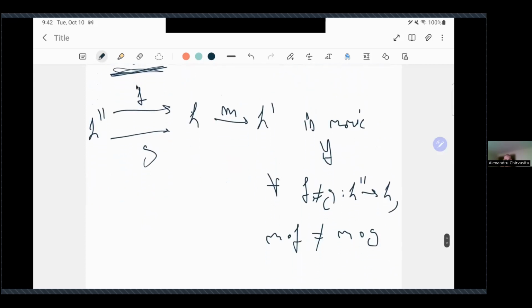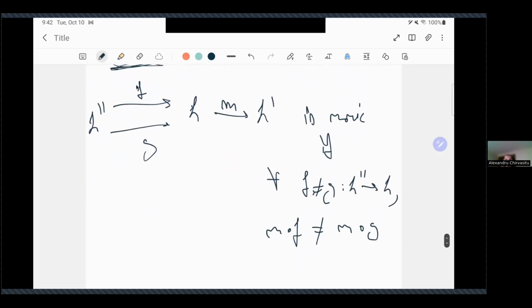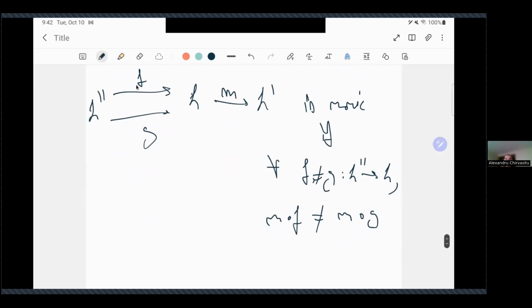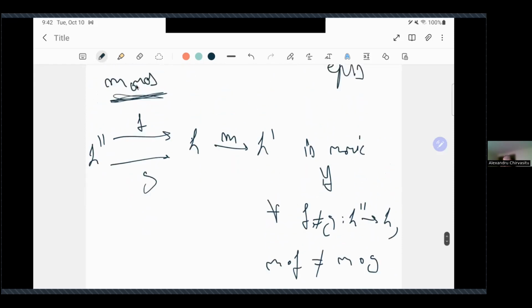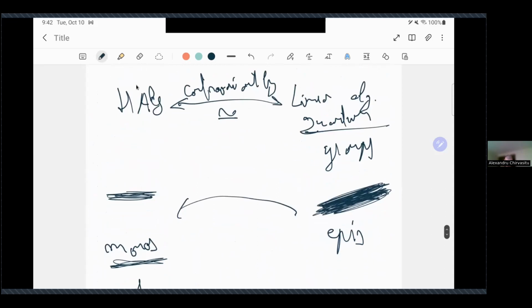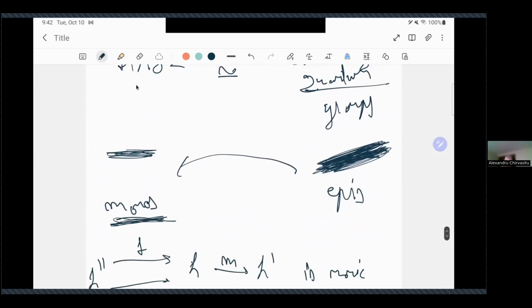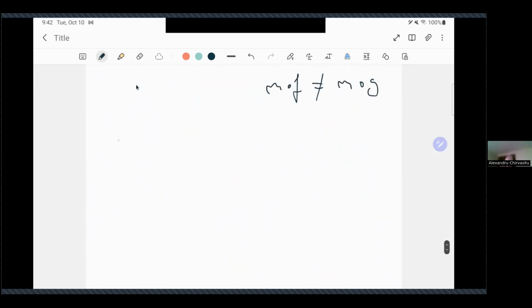This thing I'm showing you now on my page is a purely category theoretic notion. And this is what we're interested in the category of Hopf algebras, monomorphisms, because those correspond to epimorphisms of linear algebraic quantum groups. So here's a theorem.